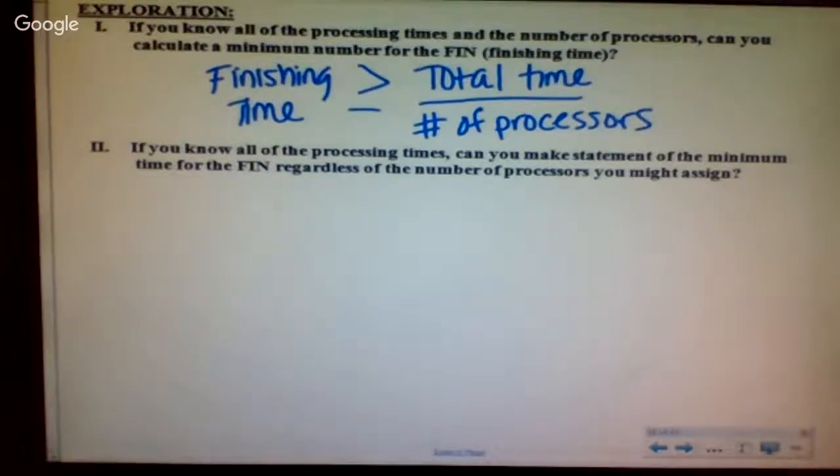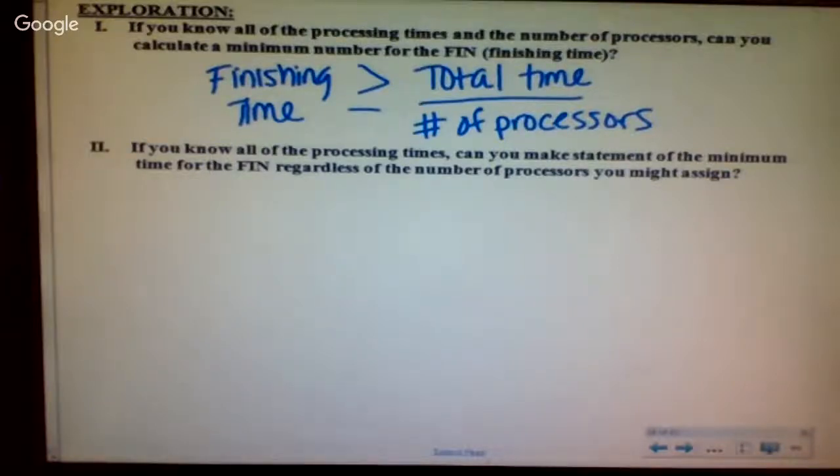Just like we just did. You added up all the time it took to do all your tasks, and then we divided by 2, or 3, or 4. All of the numbers that we got, our finishing time was either greater than or equal to that.